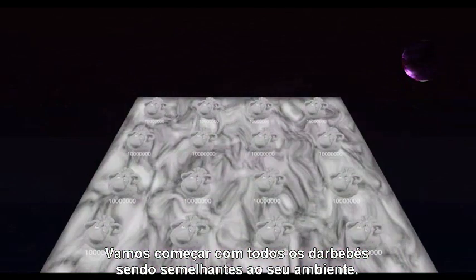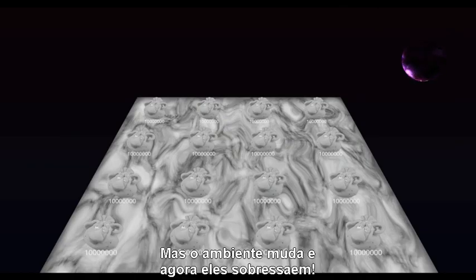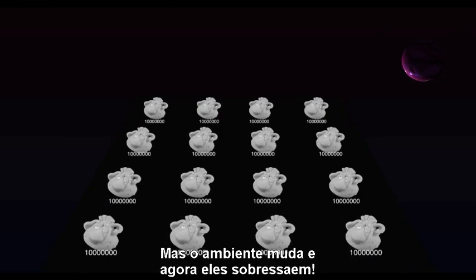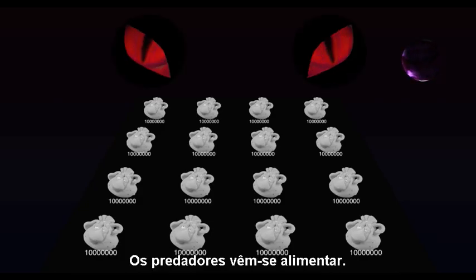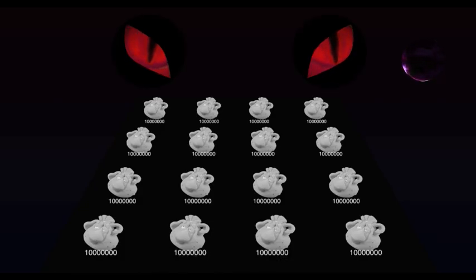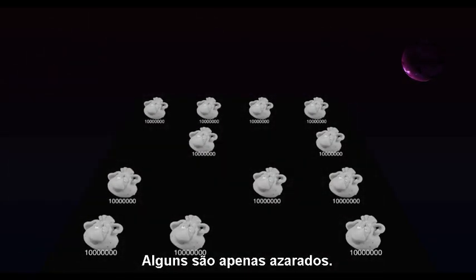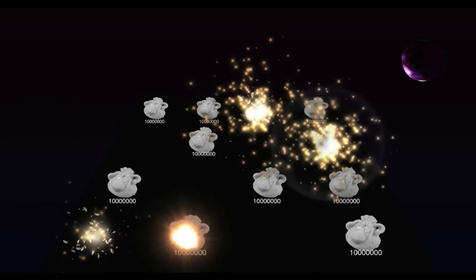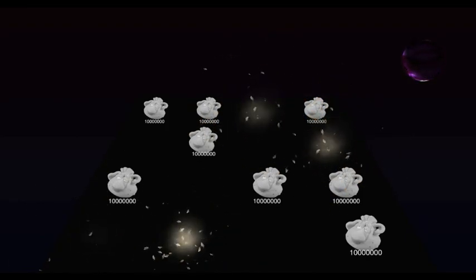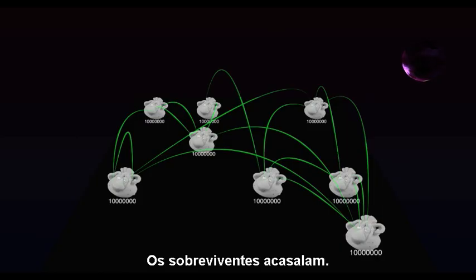We will start with all the DAR babies matching the environment. But the environment changes, and now they stick out. Predators come to feed. Some are just unlucky. The survivors mate.